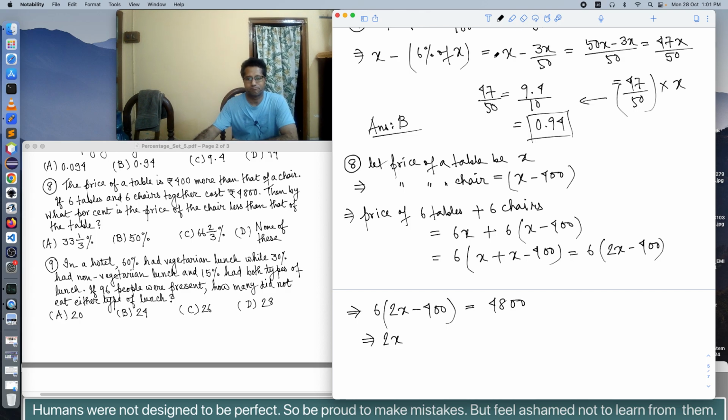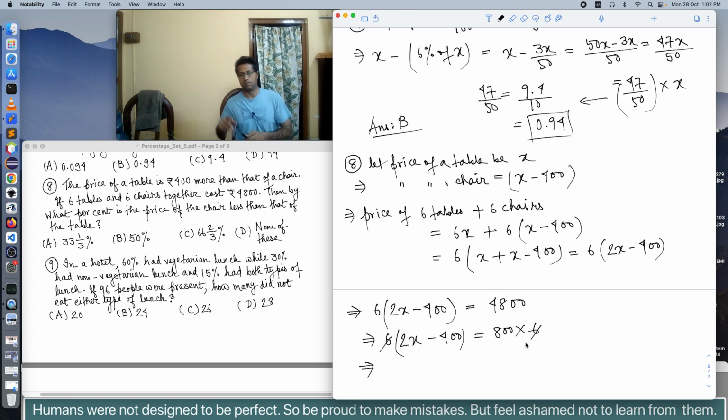Now if you simplify this linear equation, before doing the product on the left hand side, I can see there is a common factor of 6 on both sides. LHS is 6 multiplied by 2x minus 400, and 4800 on the RHS can be written as 800 multiplied by 6, and we can cancel out 6 from both sides.